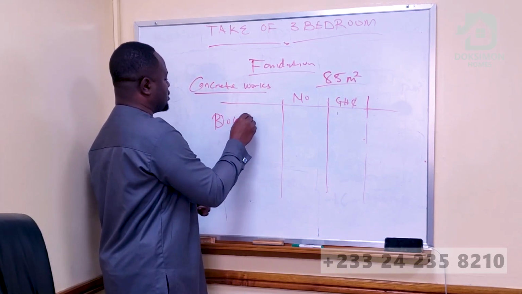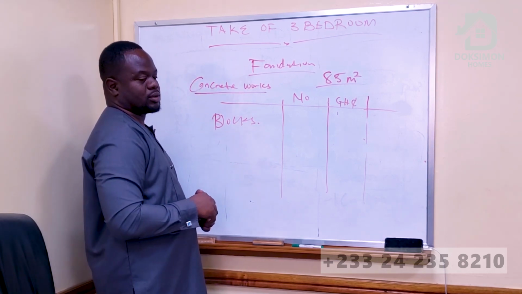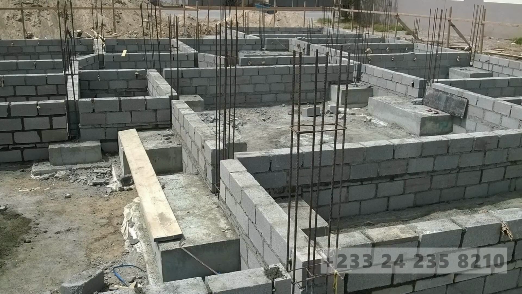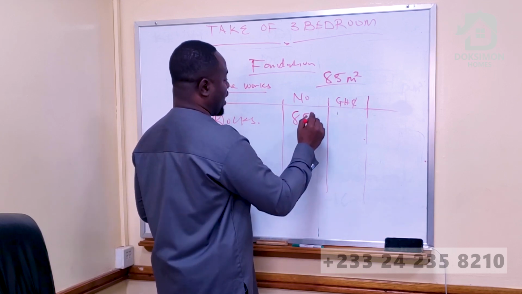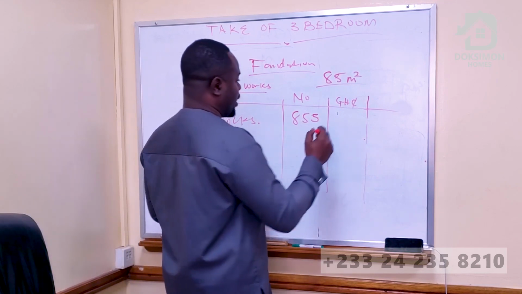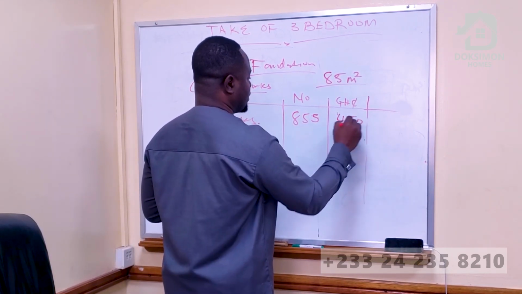So these blocks, basically, we are looking at solid blocks, sandcrete or quarry dust blocks, and we are looking at 805 blocks. It depends on the area, but we are assuming the worst you can get is 4 cedis 50 pesewas.